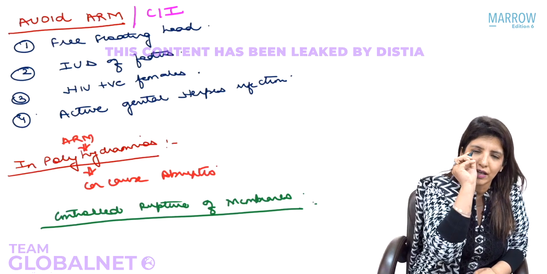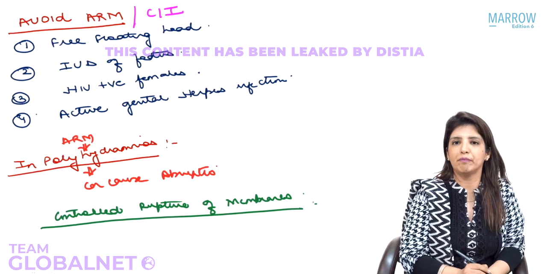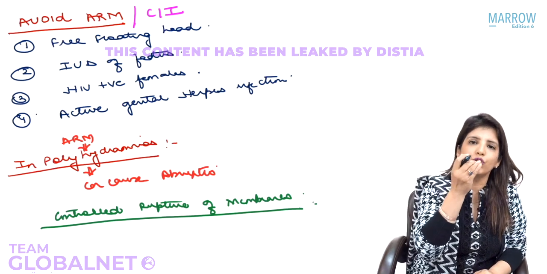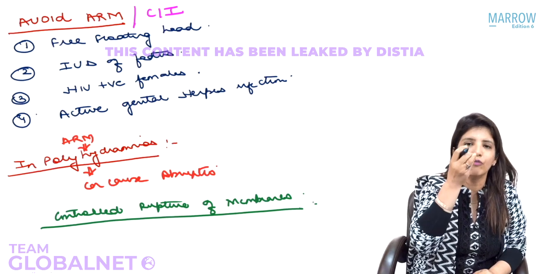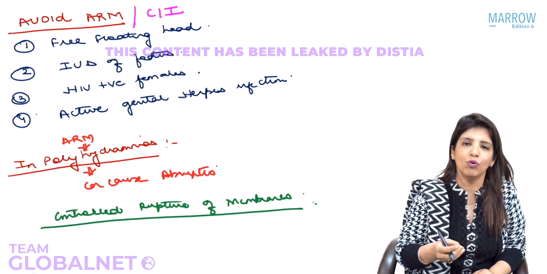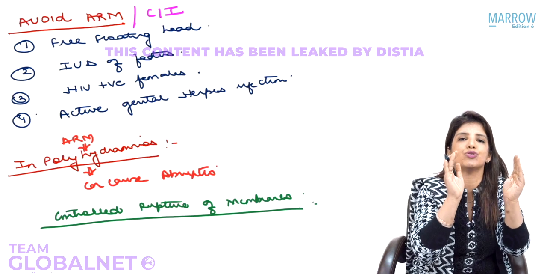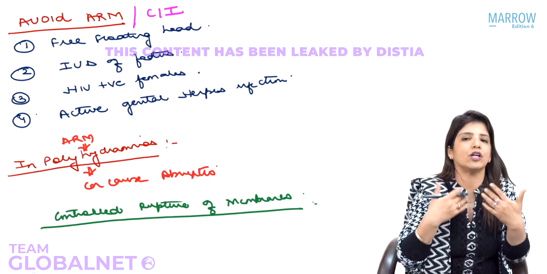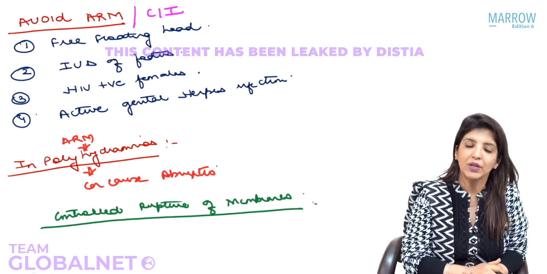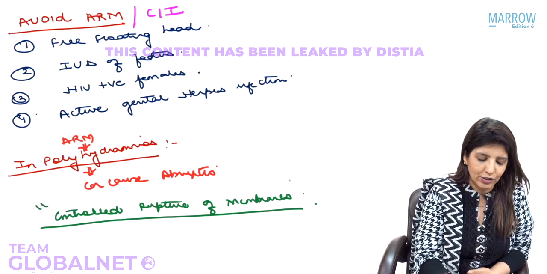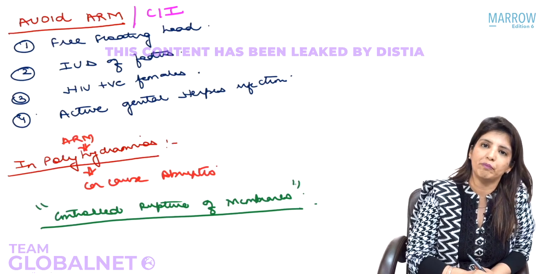Now, when you make a very small hole on the membrane, the amniotic fluid is going to trickle from that small hole, and slowly the size of the uterus will decrease and there won't be any abruptio. This is called controlled rupture of membranes.